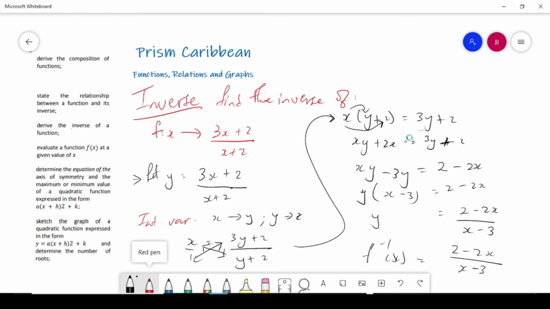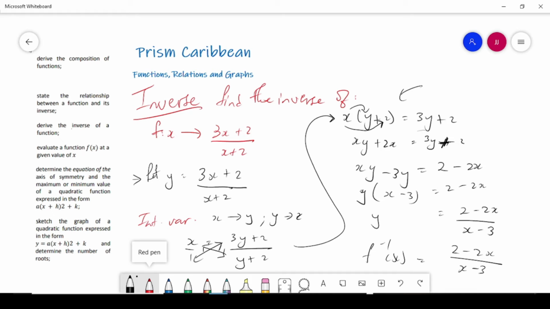Again, to go on from this point, we expand the brackets, because we cross multiplied, to have xy plus 2x, which is equal to 3y plus 2. And then we have xy minus 3y is equal to 2 minus 2x, because we brought across the 3y to make it minus 3y.